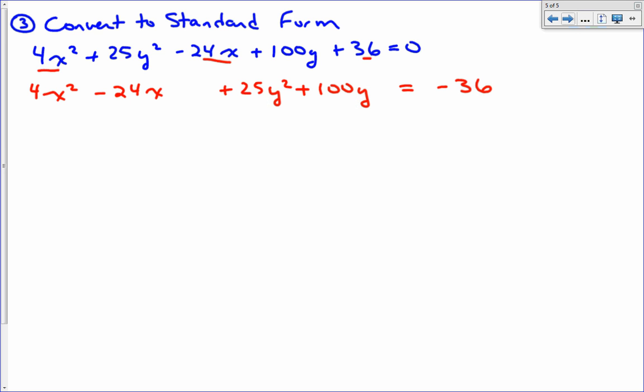Now I'm going to take a look at, first of all, just the x part. Okay, and I want the coefficient of x squared to be 1. So I'm going to common factor a 4 out of that pair of numbers. So I'm going to pull 4 out, divide each term by 4, so that gives me 4 times x squared minus 6x.